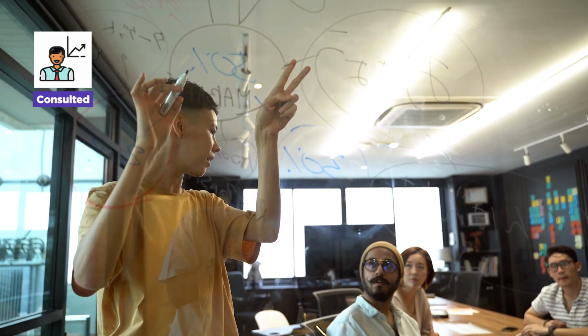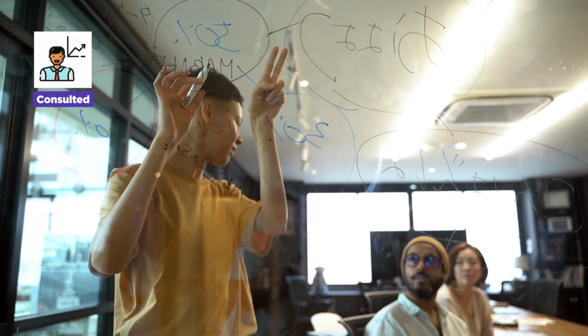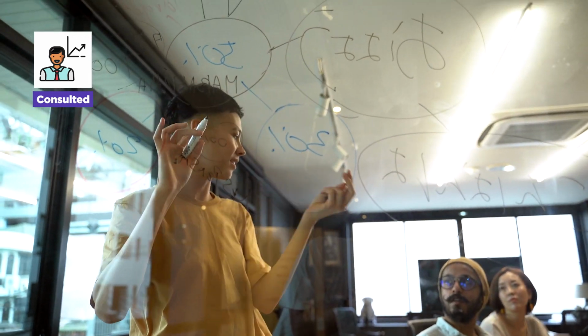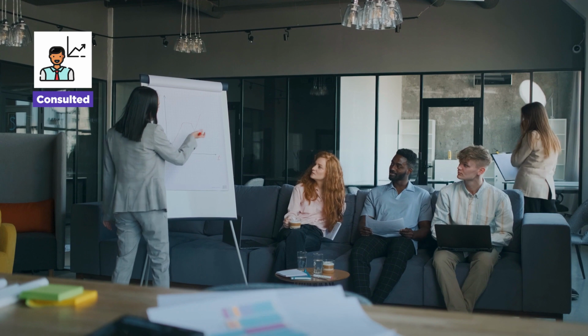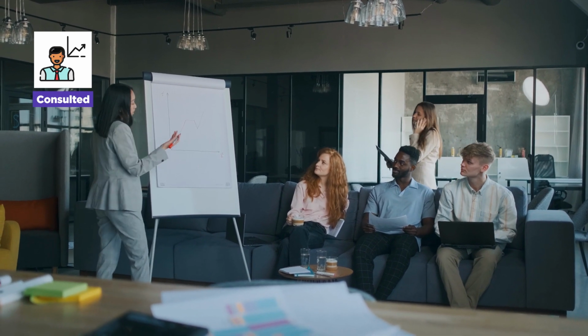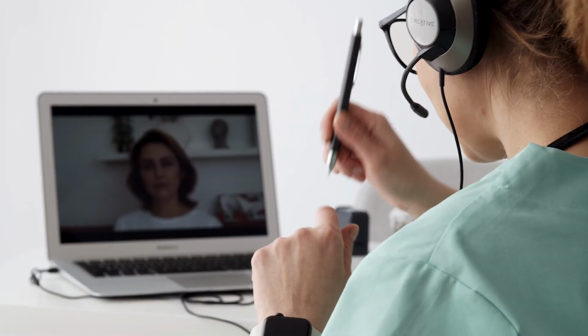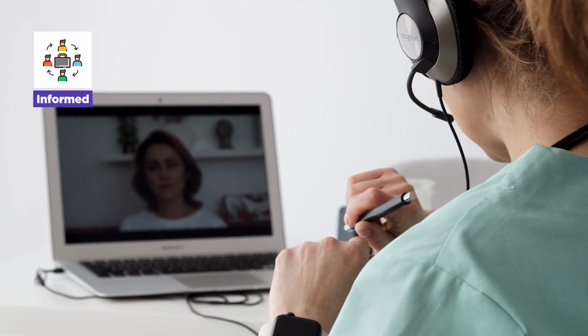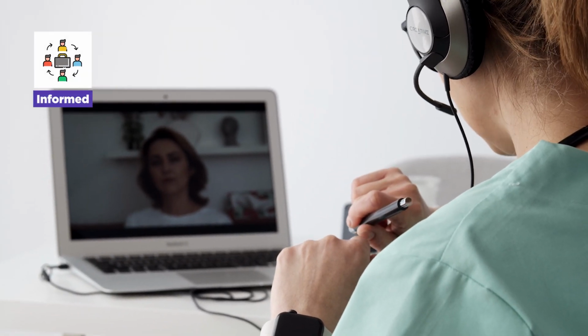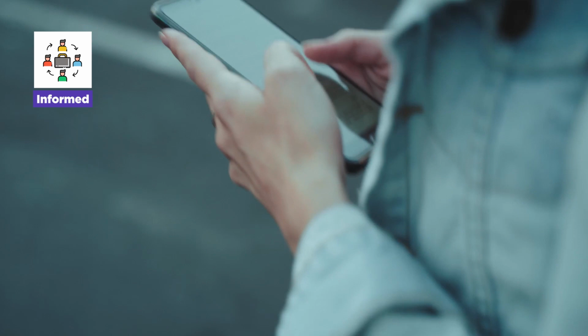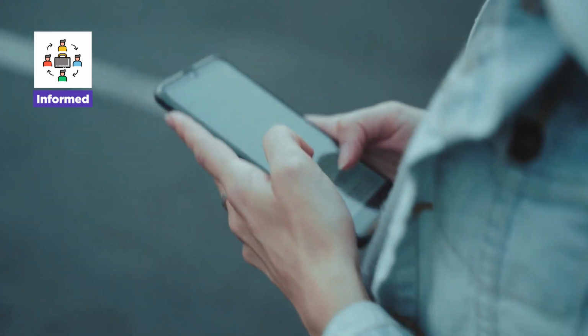Consulted individuals or groups should be sought out prior to starting and after completing a task to understand the requirements, constraints, and risk to ensure every angle has been considered in the results. And lastly, there's the informed, who are simply people you want to keep in the loop. They don't have to be decision makers or oversee parts of the project. They just need to be aware of any decisions, topics, or progress changes.